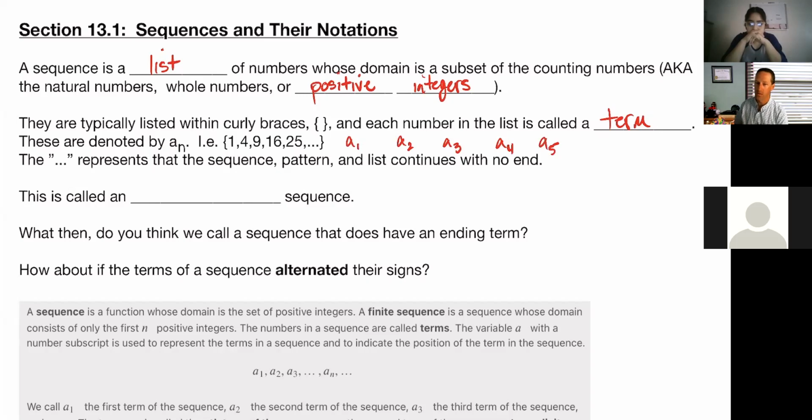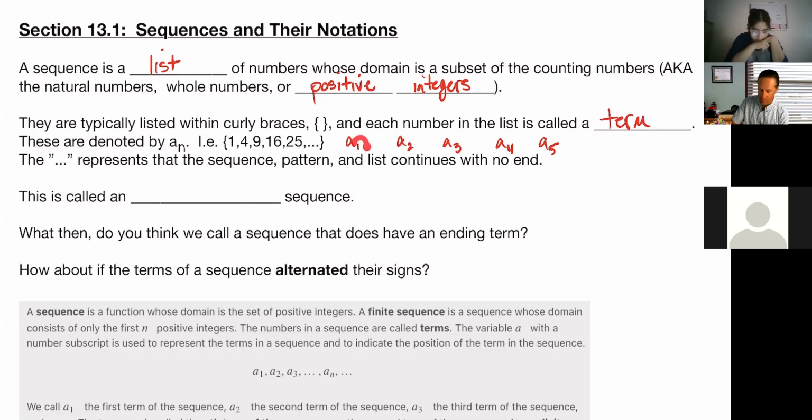And what we're going to be looking for is that pattern, which is what a lot of mathematics is about, right? Finding patterns of things and how they change. So A1 would have been 1. A2 is 4. A3 is 9, and so on and so forth. And can you see my domain? Or those positive integers, those natural numbers, or what they like to call the counting numbers.